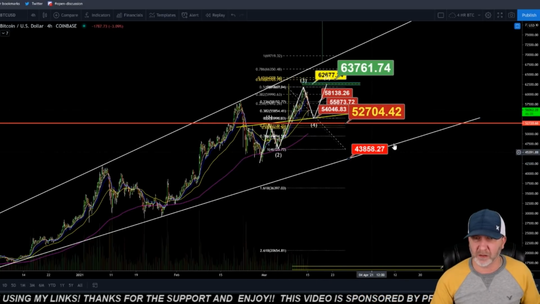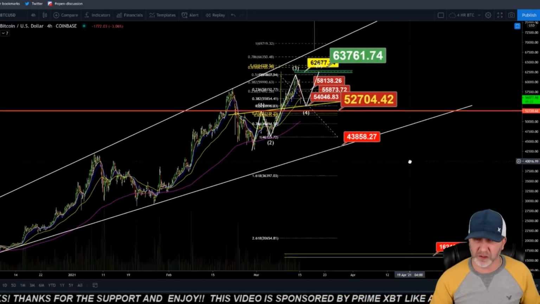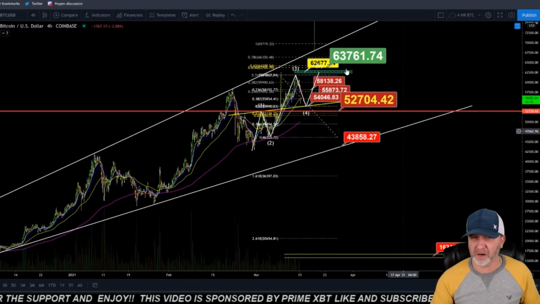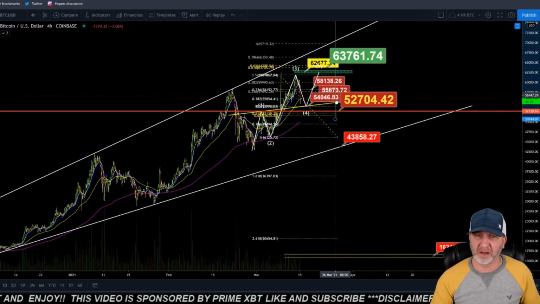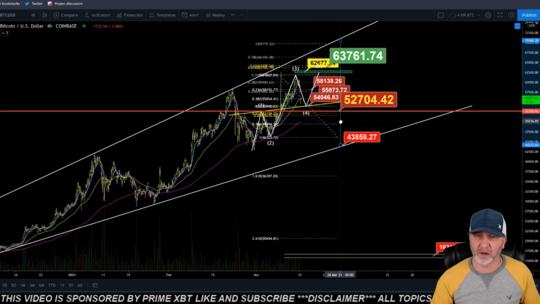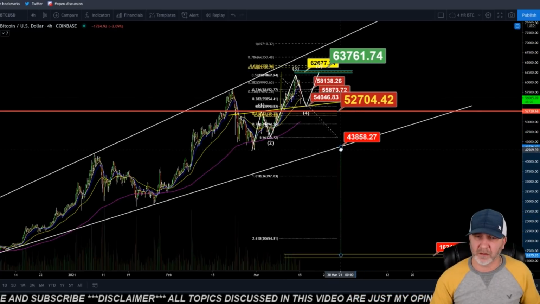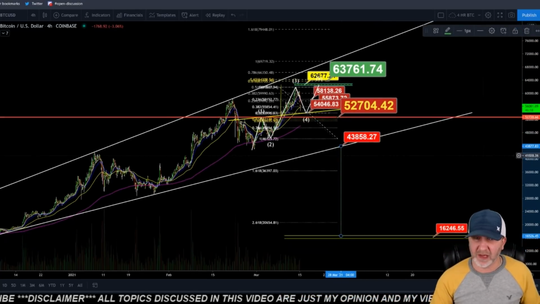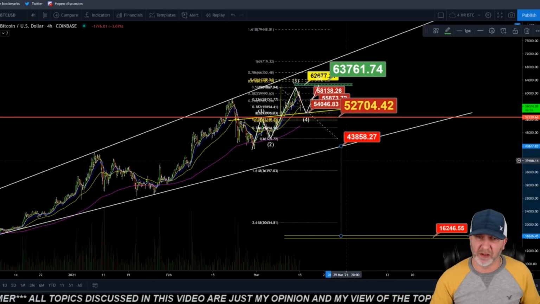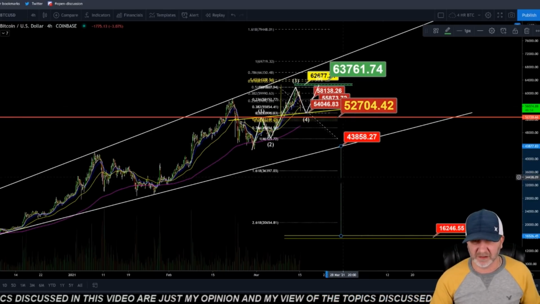So if it was steeper, it'd be lower. If it was shallower, it'd be higher. If we take a measured move of that, let's say we came down here and broke down to the downside, what would that target be? Right around the $16,000 range, if we break below this area, come back, get resistance, and come down.